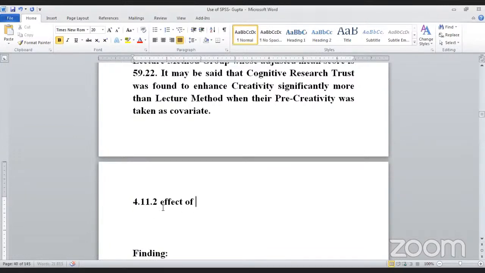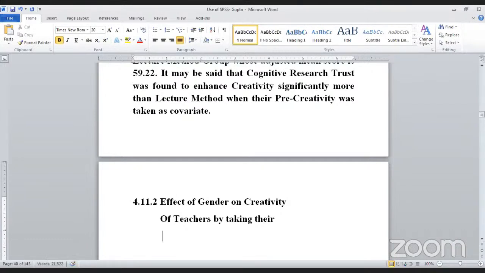Effect of gender on creativity of teachers by taking their pre-creativity as covariate.